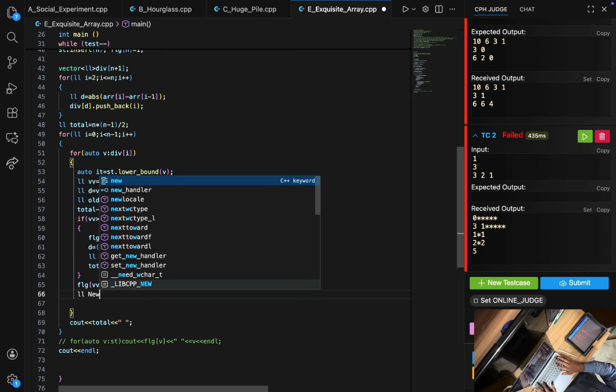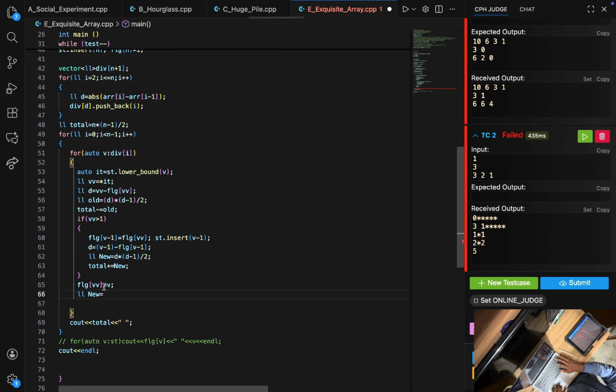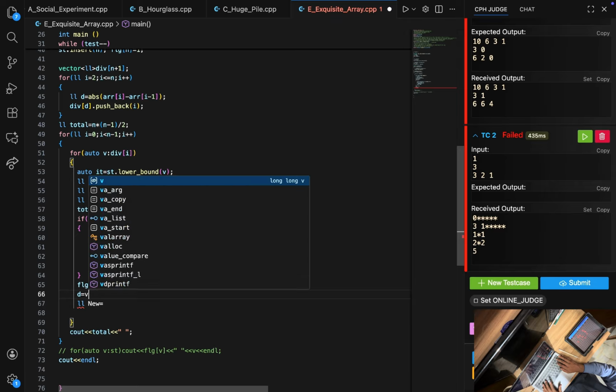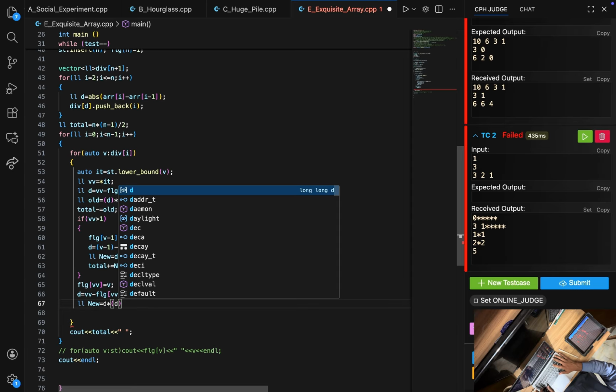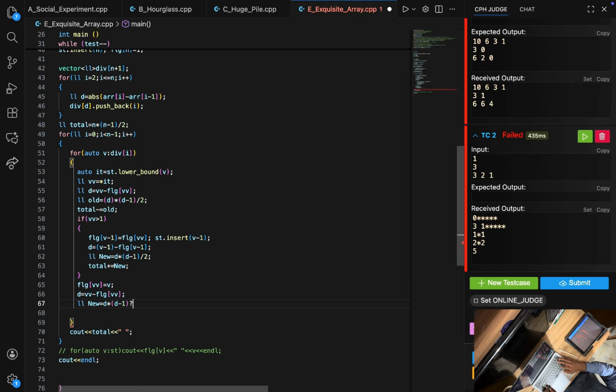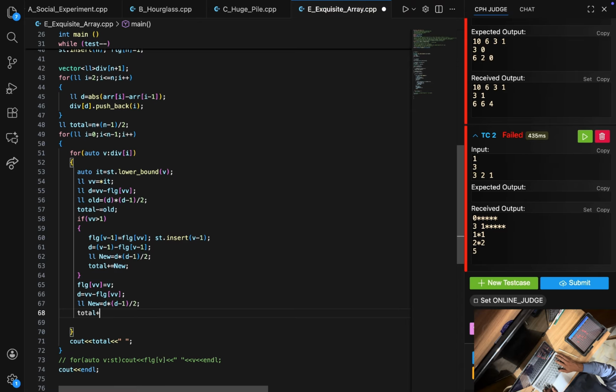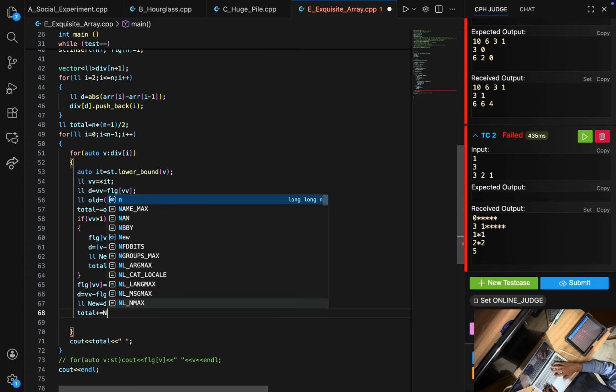Long new equal to same stuff, d equal to vv minus flag vv, new equal to t into t minus 1 divided by 2, total plus equal to new.